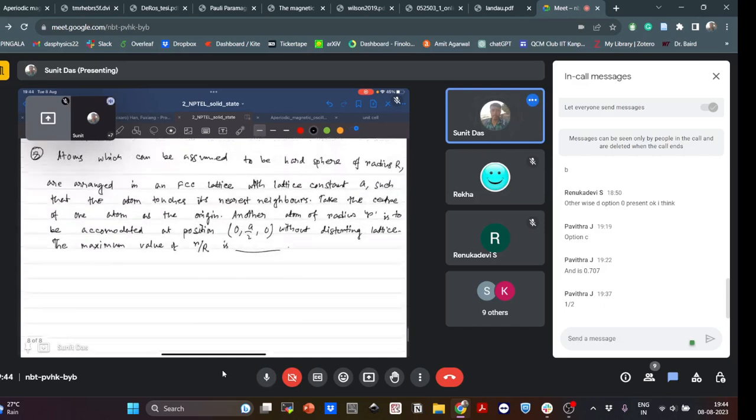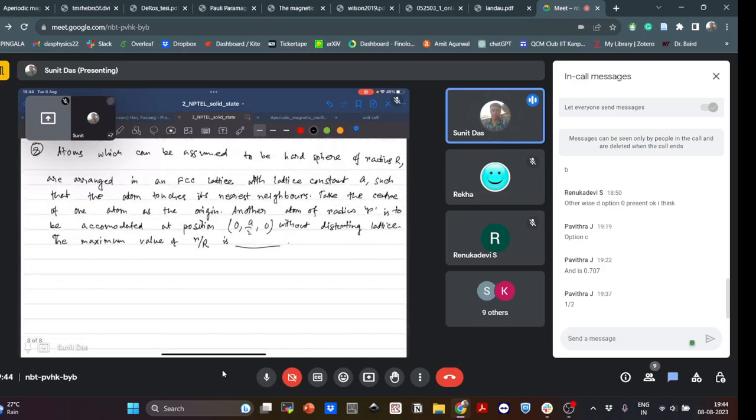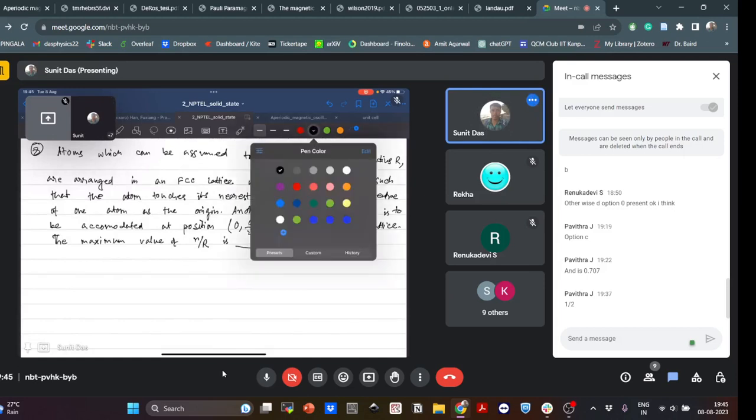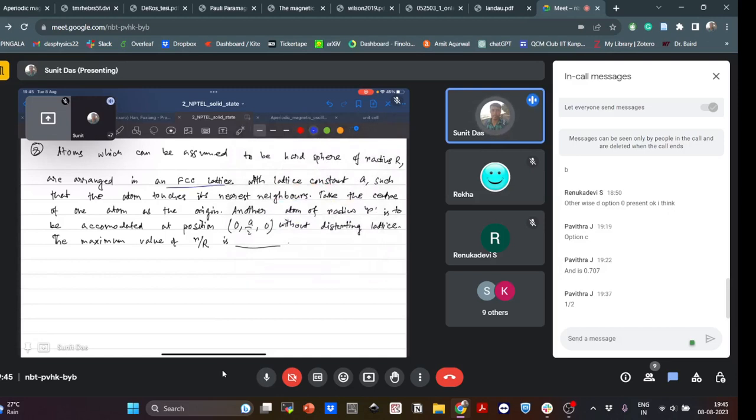Okay, so atoms are assumed to be hard spheres of radius R, capital R, arranged in an FCC lattice with lattice constant a, such that the atom touches its nearest neighbors, which is obviously true for this FCC lattice.